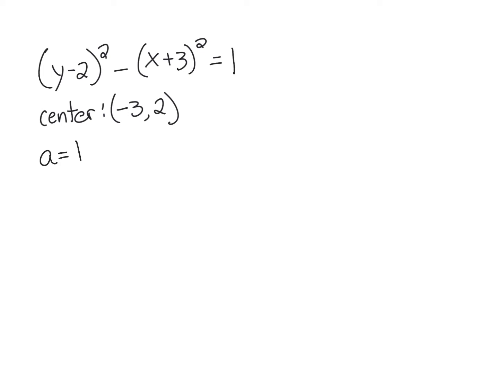So I'm going to go 1 unit in the x direction, 1 unit in the y direction, but notice that the y term is the positive one, so this is vertical. That means my vertices are going to be on the vertical axis through the center, okay?